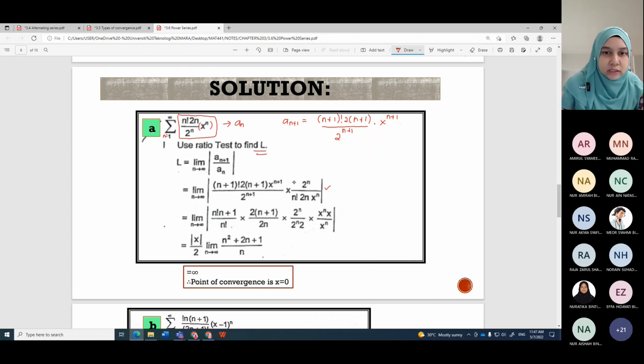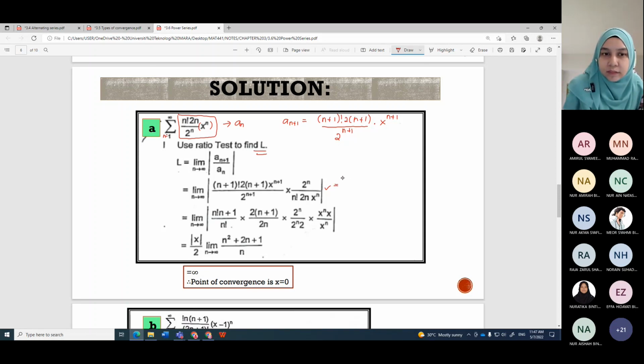Okay, so then daripada sini kita dah masukkan nilai A sub n and A sub n plus 1. Dan kita perlu expand. Setiap function ini kita perlu expand sebelum kita nak simplify.